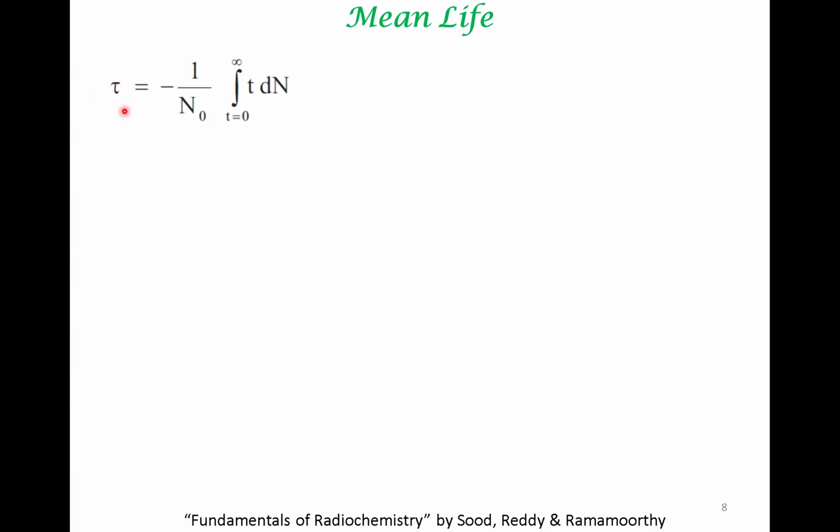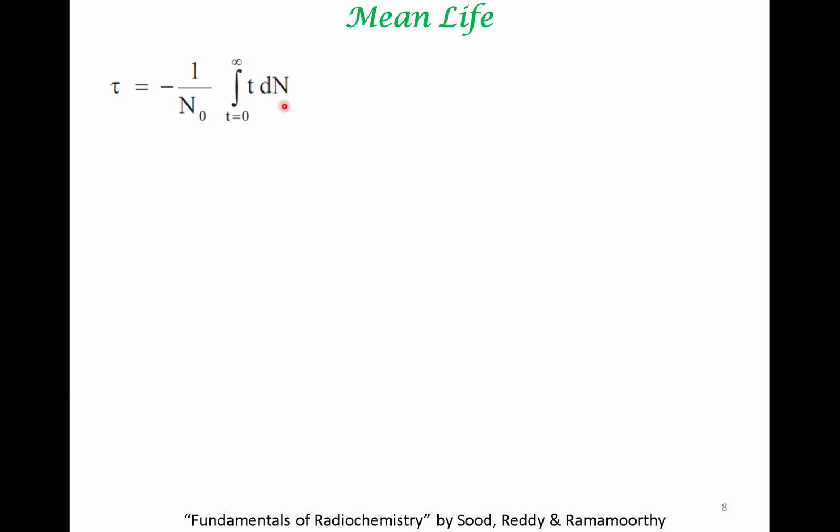The mean life is a quantity that is different from half-life. Half-life was defined as the time taken for the radioactivity to become half of what it was at time t equal to 0. But here, mean life refers to the average lifetime of a particular atom, right? So how do you get the average?